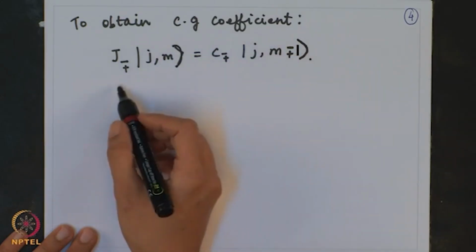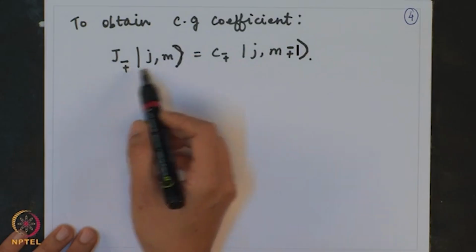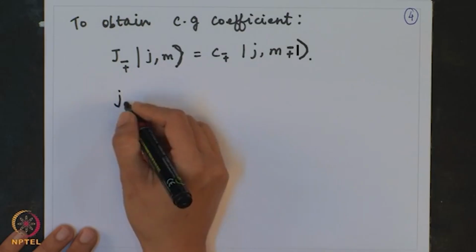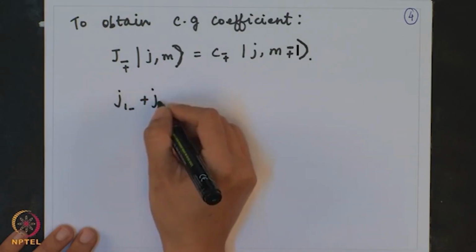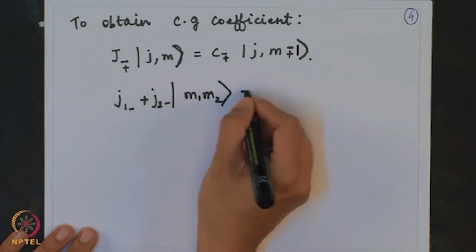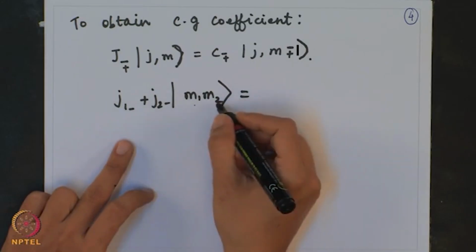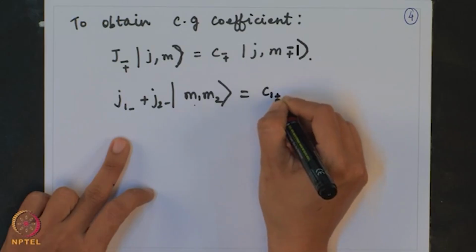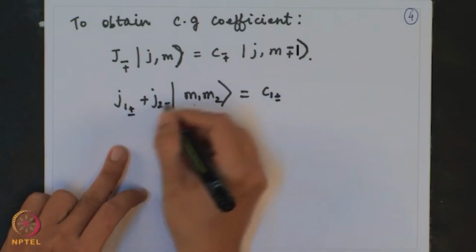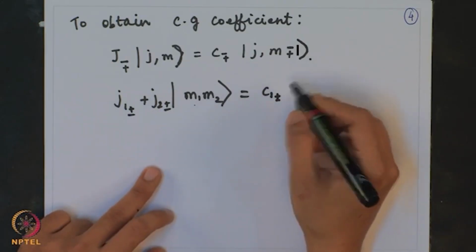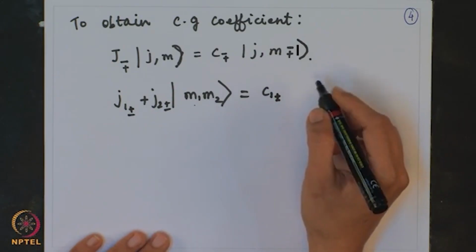Similarly, if the ladder operator is operated on M1 M2, so when I do J1 minus plus J2 minus on M1 M2, once it will operate on M1 and the other time on M2. So, I will have C1 plus minus, and it will be the same for the plus and minus component. This we will be using, and I will show you one example and then the remaining you can fill up the gaps.